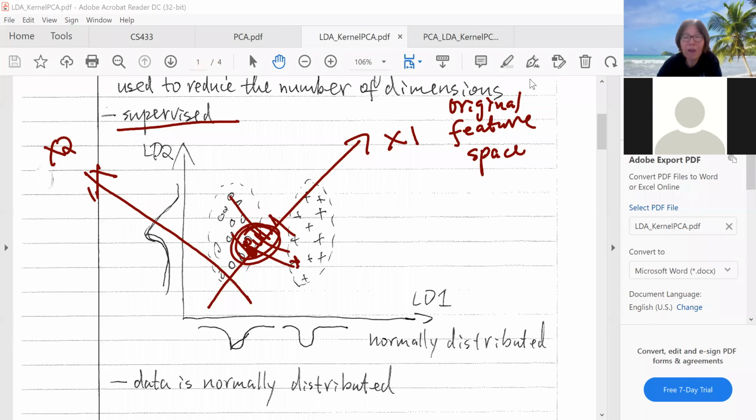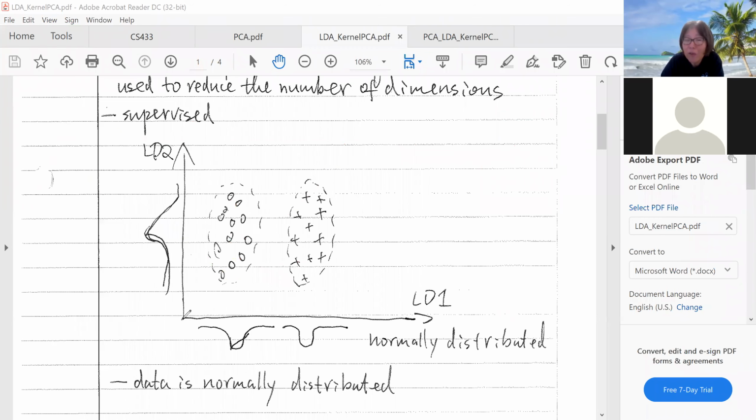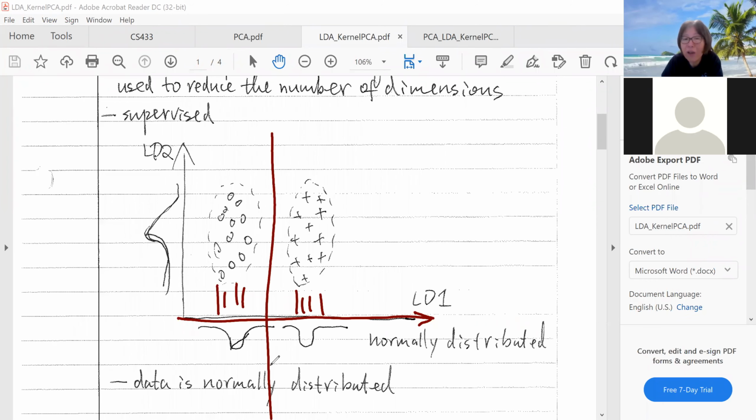Okay, then if you can find this axis, and for this axis, then when you do the projection, you can clearly separate these two classes of data. But of course, if you project to this one, it's really bad, that's not separable.